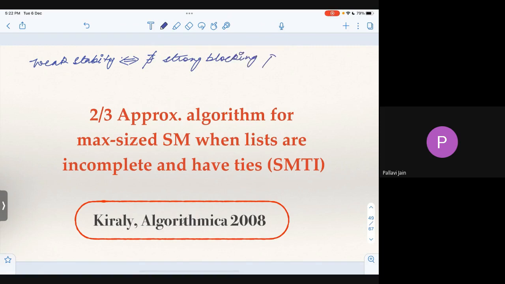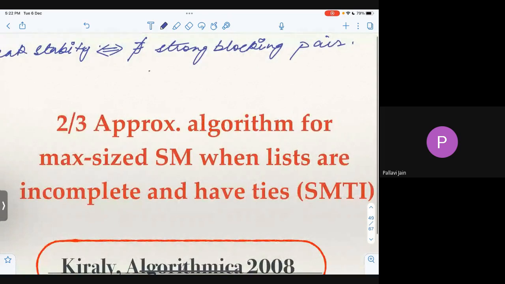What is a strong blocking pair? Exactly as we have defined. A comma B is such that A prefers B more than its M partner.